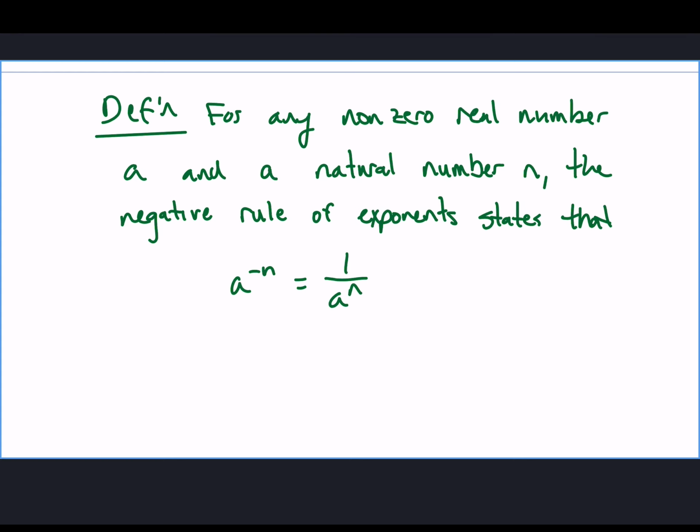Now remember that a natural number is what kind of number? What does that look like? A natural number is 1, 2, 3, 4, and so on. Positive whole numbers.